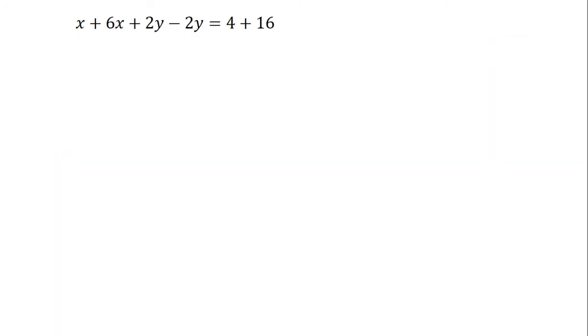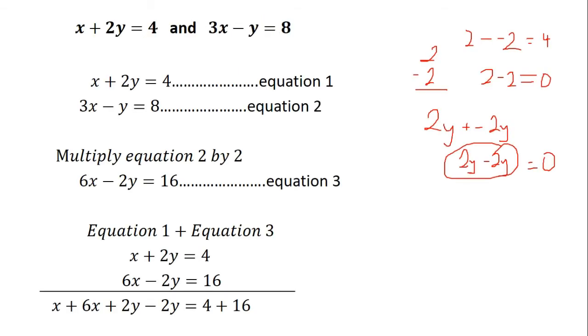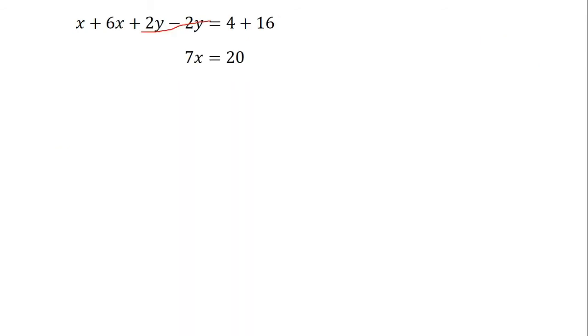So because 2y minus 2y will cancel out, we are going to have x plus 6x is equal to 4 plus 16. So that is going to give us 20. So 7x is going to give us 20.